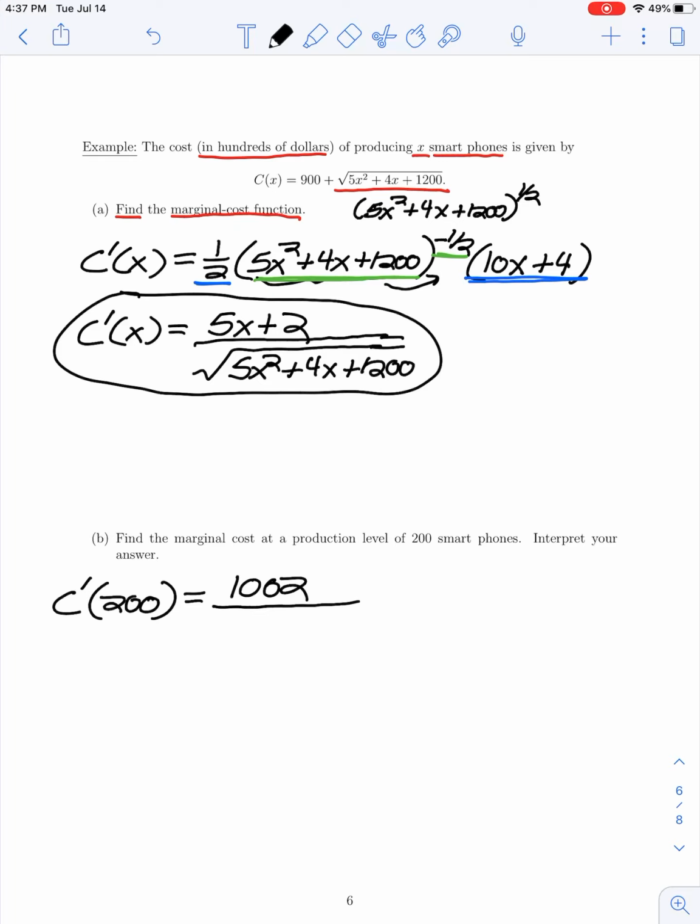Then we're dividing by the square root of 5x squared plus 4x plus 1200. If you evaluate that polynomial at x equals 200, you're left with 202,000. Evaluating this expression using a calculator, we find that this is approximately 2.2294.